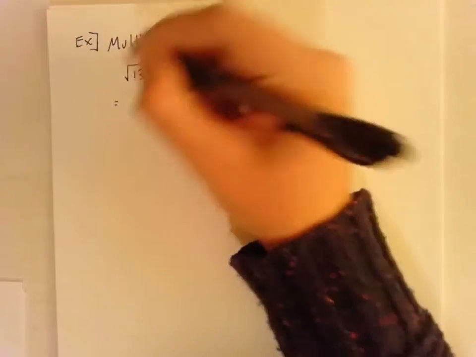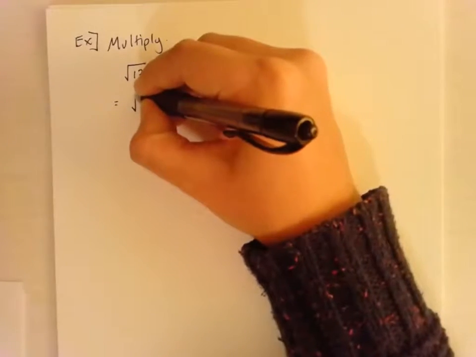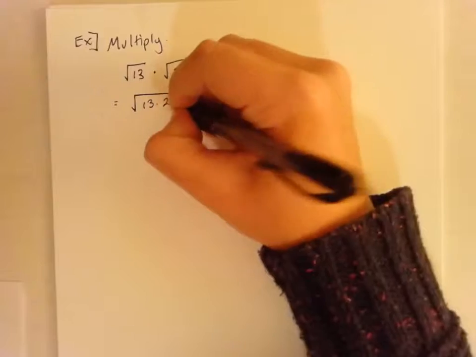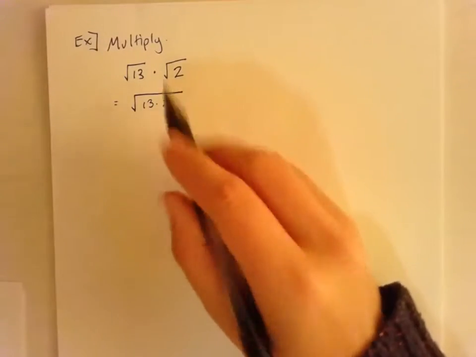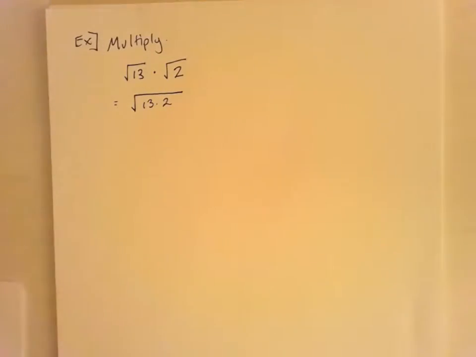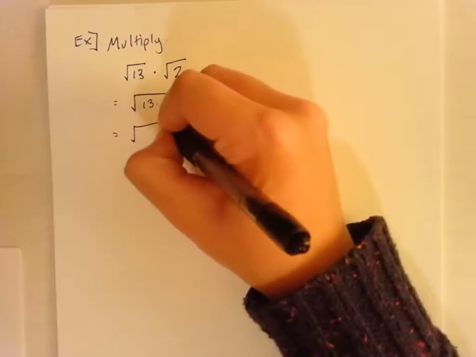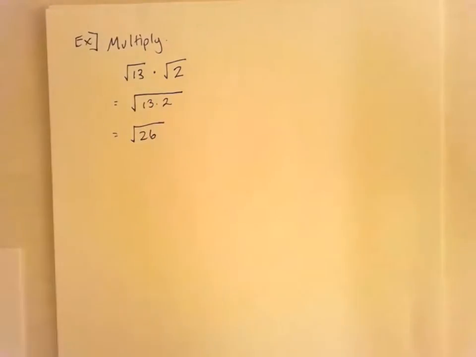I can write this multiplication underneath one radical, 13 times 2 underneath one radical. From here I can simplify to 13 times 2, which gets me 26, and I'm done. Radical 26 is my answer.